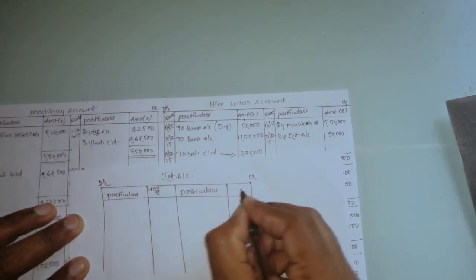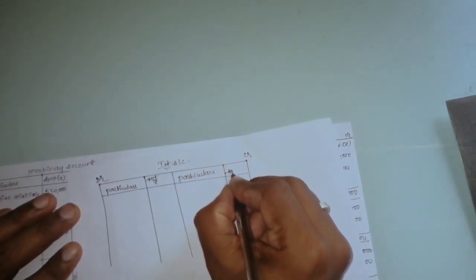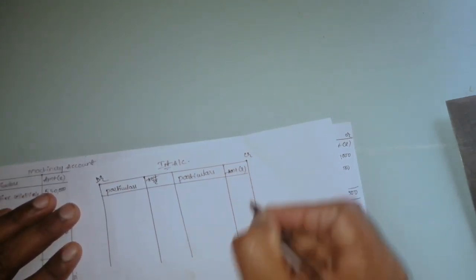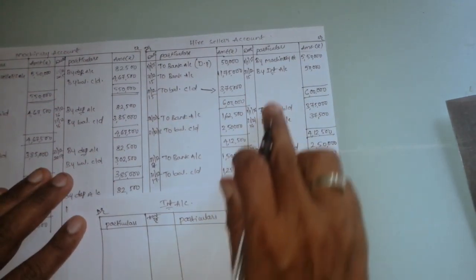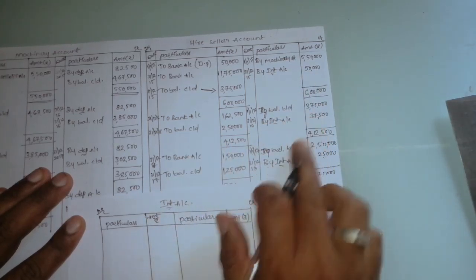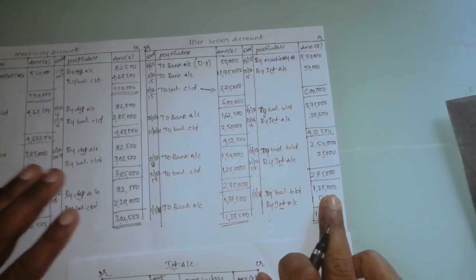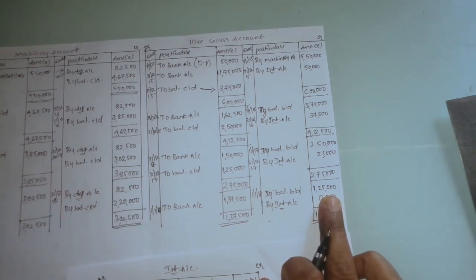Whatever interest is paid in the first year, second year, third year, fourth year, these entries are made in the interest account.